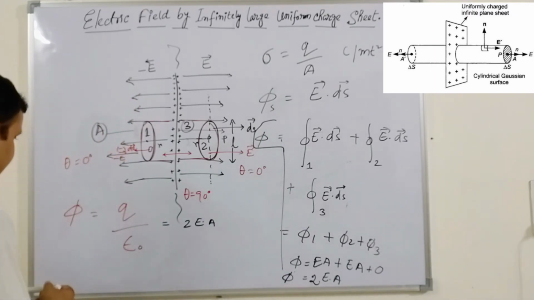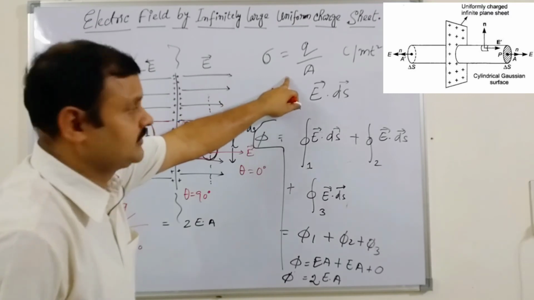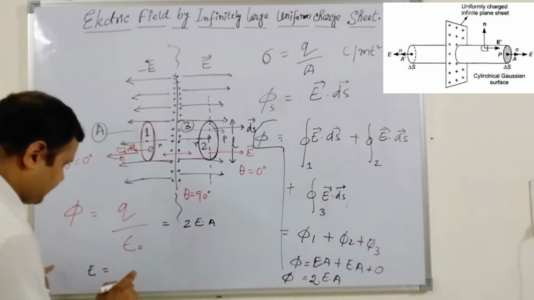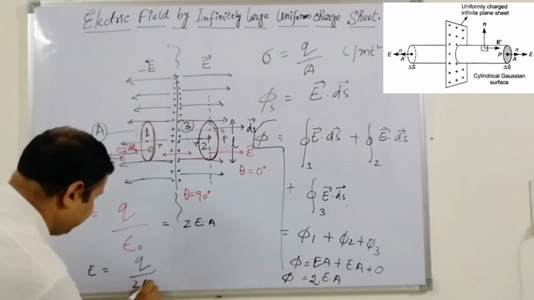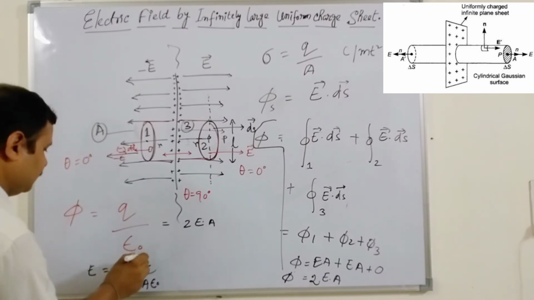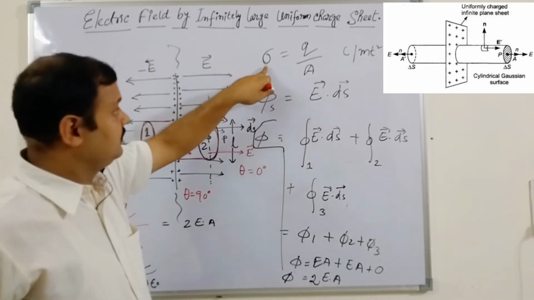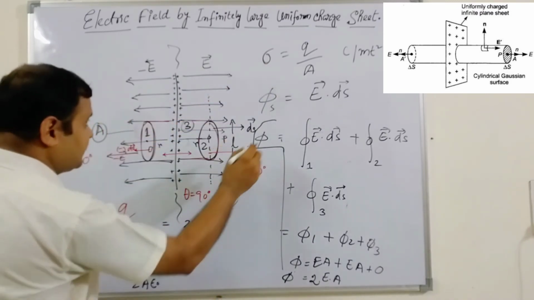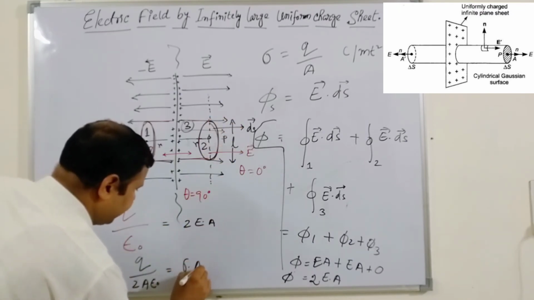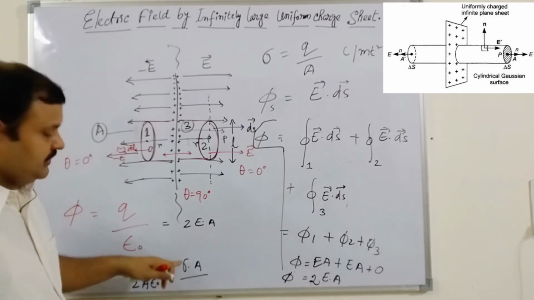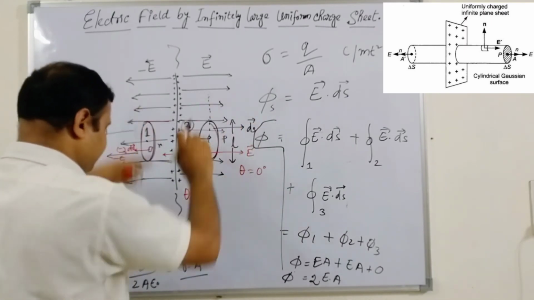So E equals Q over 2A epsilon naught. If you don't know the total amount of charge Q, and you have the areal density of charge sigma, you can replace it: Q is sigma times area, because sigma is the charge per unit area, multiplied by the total area.